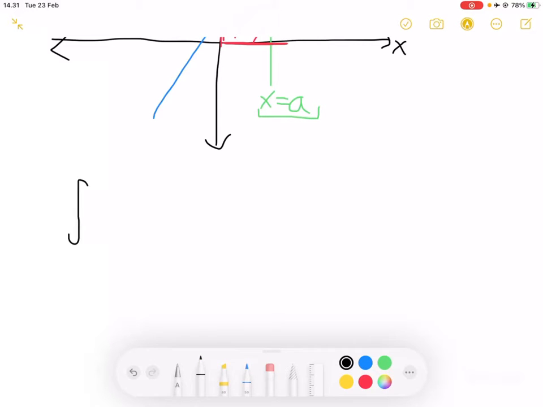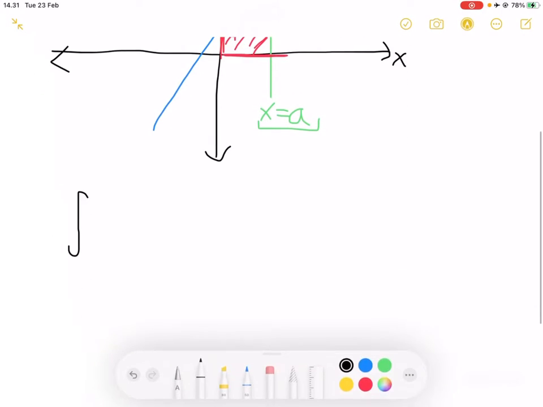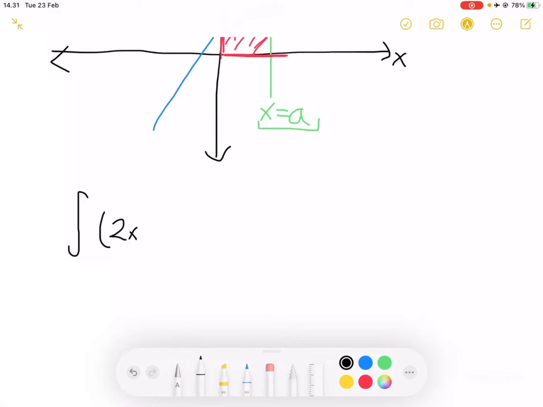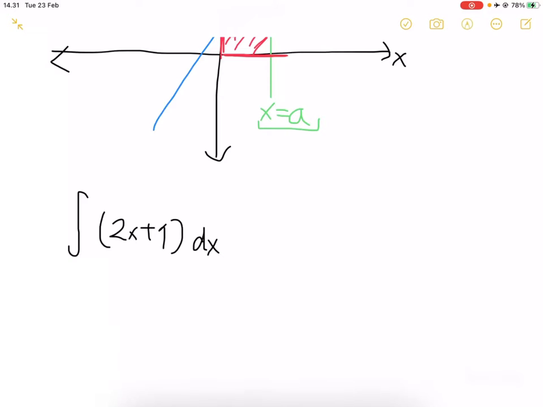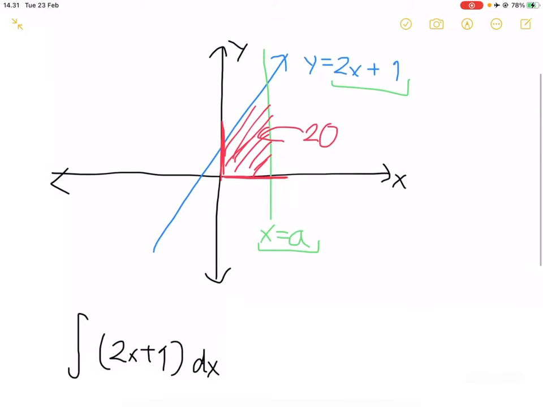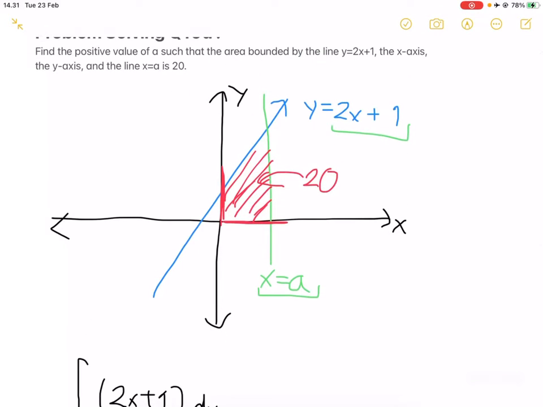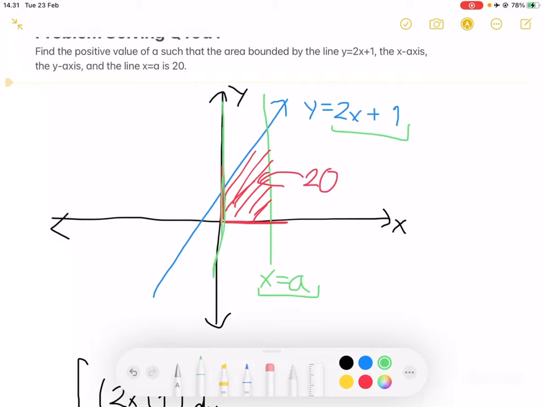So I have the integral of the function y equals 2x plus 1. I'm just going to write that in parentheses, and then dx. And then what our lower and upper bounds will be: it will be 0 and a.